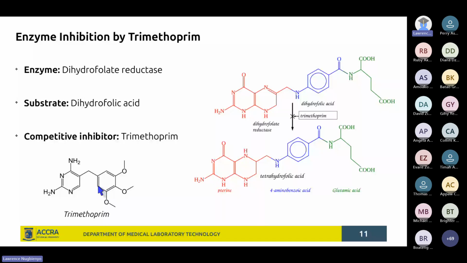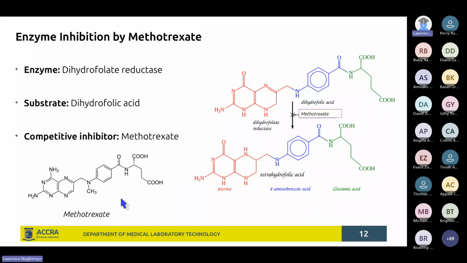So even though the ring can bind into the active center of the enzyme, dihydrofolate reductase, and inhibit it, it will not be as specific as another drug which is much closer to that structure. So let's look at another one.